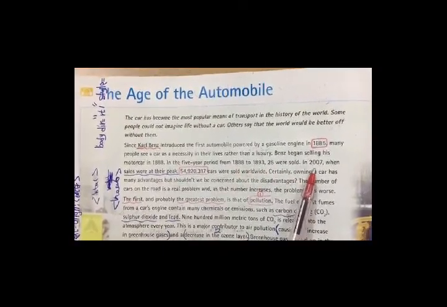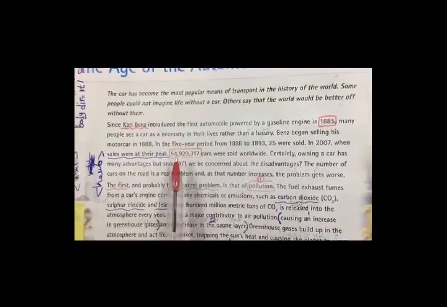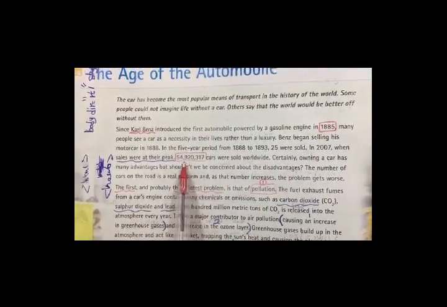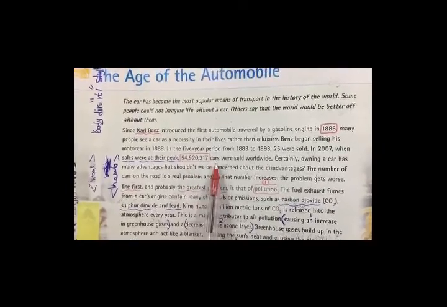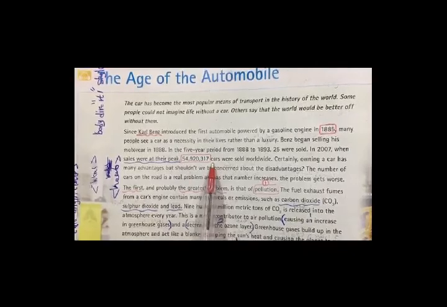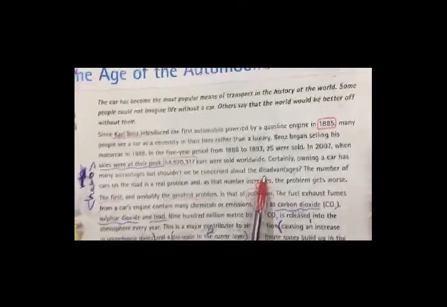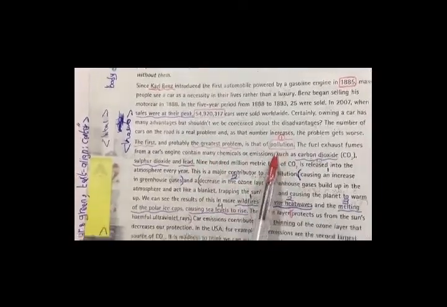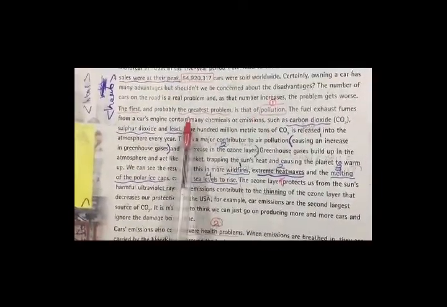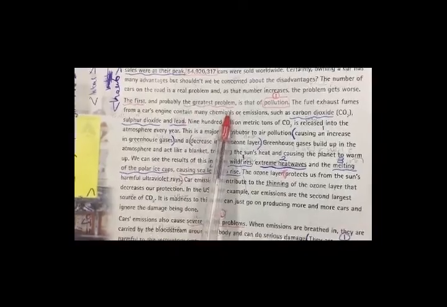Then in 2007, it was sold at 54,920,317 cars. Now we have to talk about the disadvantages of cars. The first disadvantage is pollution, which is the greatest problem.